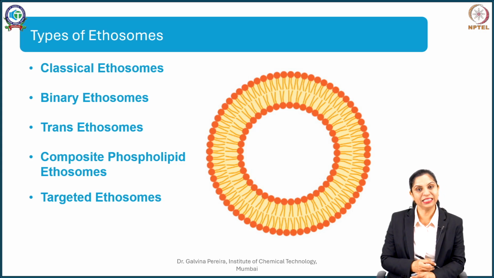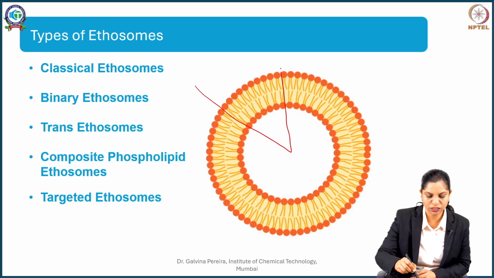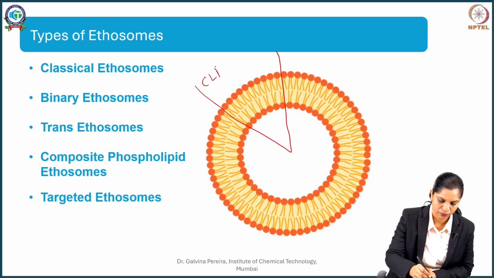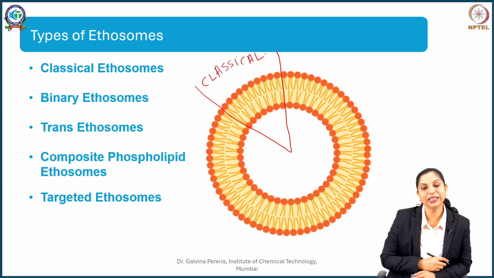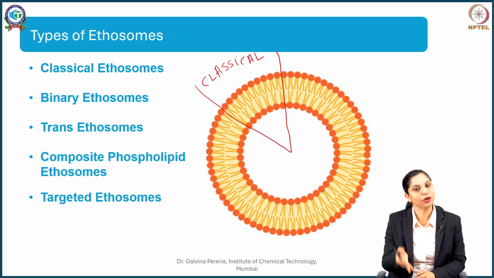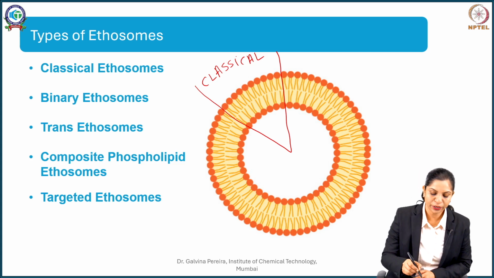What happens in the case of classical ethosomes is, we'll just take this little small portion and call it the classical one. In classical ethosomes, you have a phospholipid bilayer, you have an aqueous layer, you have an oleaginous layer. Depending upon the solubility, your drug might sit in any layer, but you have ethanol also being added.